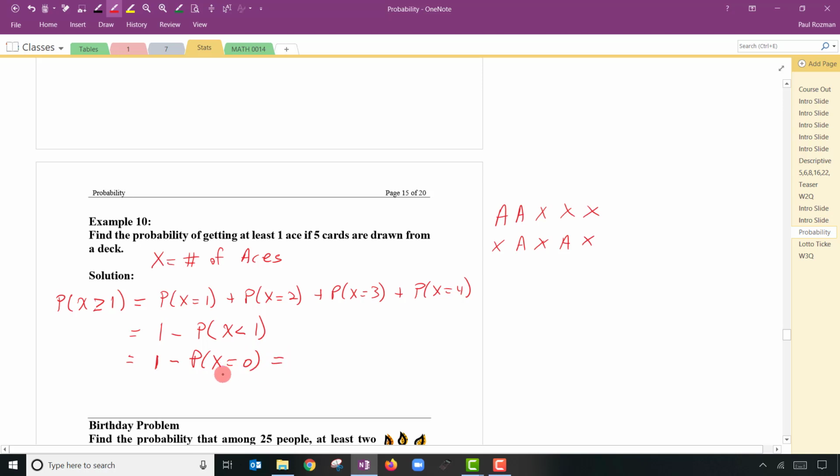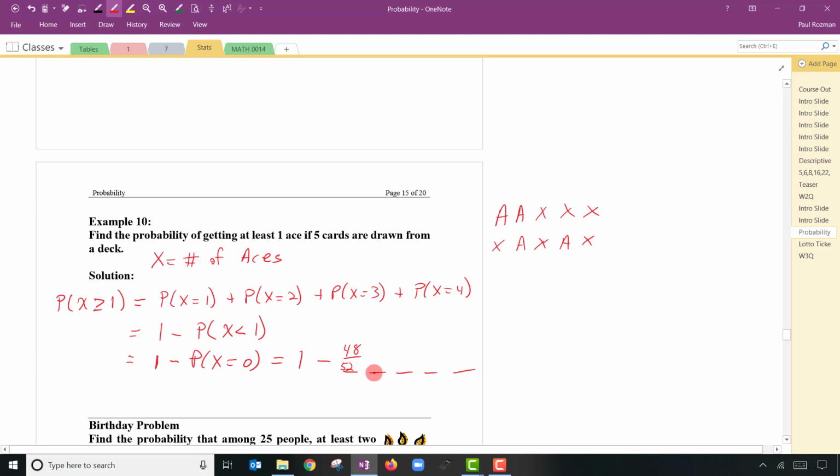And now that's easy to calculate. I'm drawing 5 cards, and I need all 5 to not be aces. So the first card isn't an ace. There are 48 non-aces out of 52 cards.